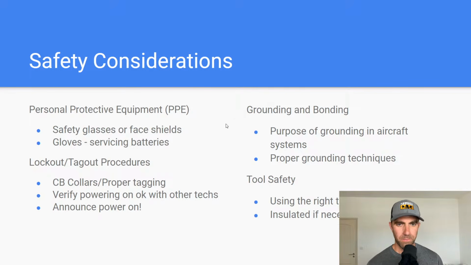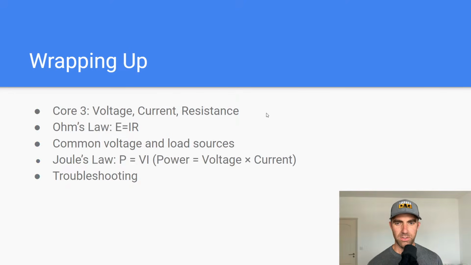All right, so that pretty much wraps it up here, just to go back over things quickly. I think I'm well over 10 minutes here. The core three of electrical theory are voltage, current, and resistance. Ohm's law is E equals IR, or V equals I times R. Common voltage sources, remember, are batteries and generators, magnetic or electromagnetic sources, solar panels, and thermocouples.